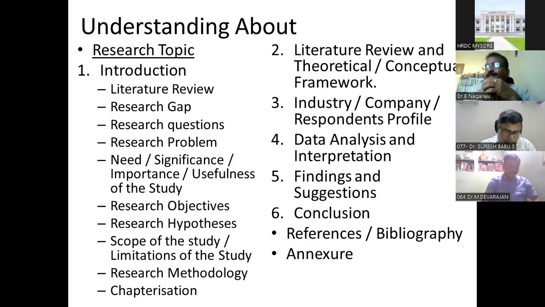So, research objectives. Where you go for developing objectives, normally our scholars or students consider the first objective always starting with to study, to understand, to know, like that. As a research scholar, you should not be used to know, to understand, to study.